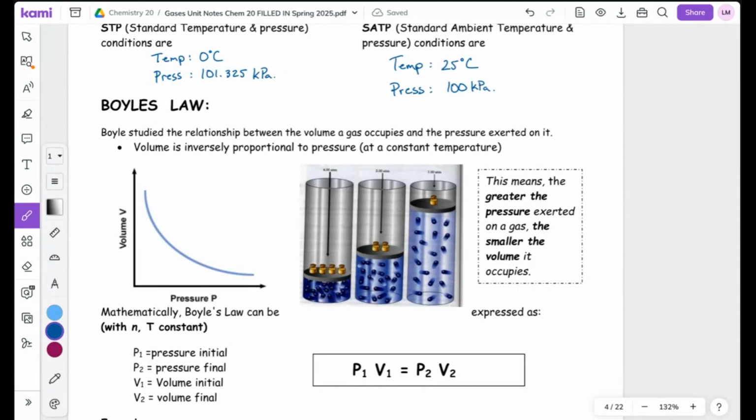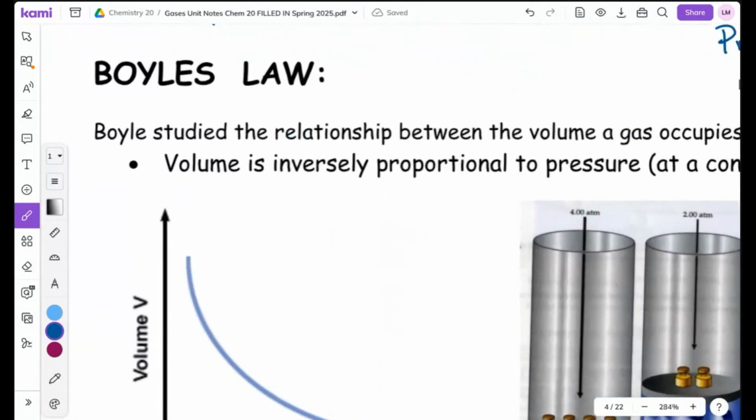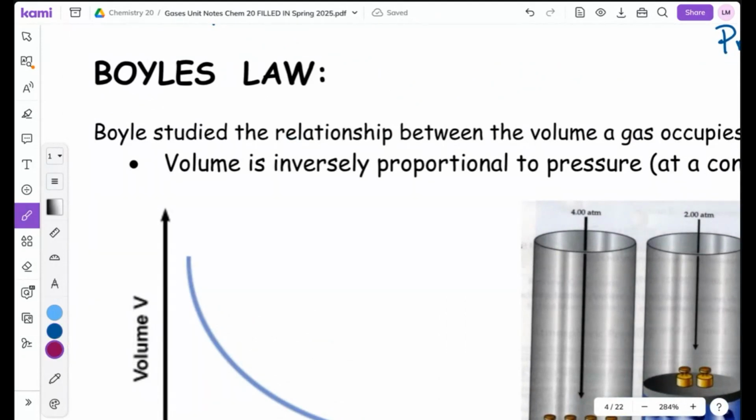Now, what does it mean to be inversely proportional? It basically means when one variable goes up, either volume or pressure, the other one is going to go down. So to write that out in shorthand, if we increase pressure, because of the inversely proportional relationship that Boyle discovered, that means that volume is going to decrease.